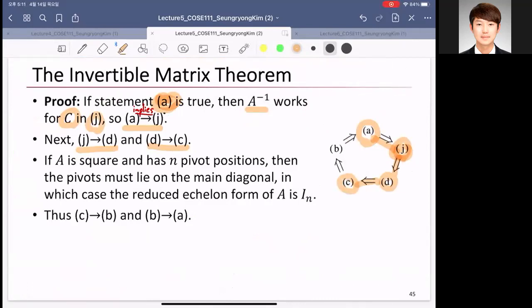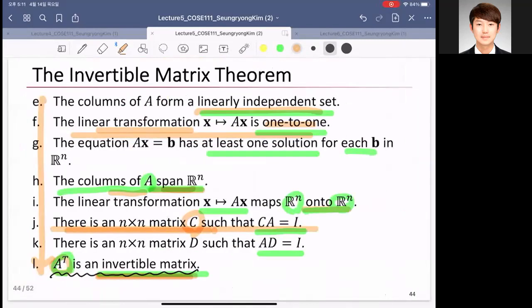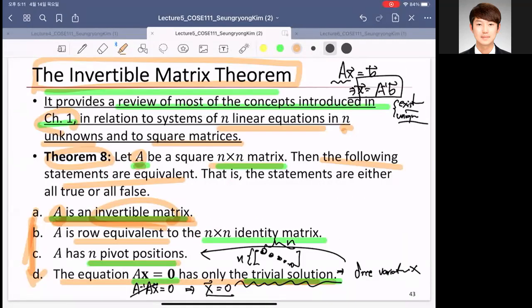And if A is square and has n pivot positions, then the pivots must lie on the main diagonal, in which case the reduced echelon form of A is the identity matrix. So in this case, matrix A can be row reduced to the identity matrix, right?